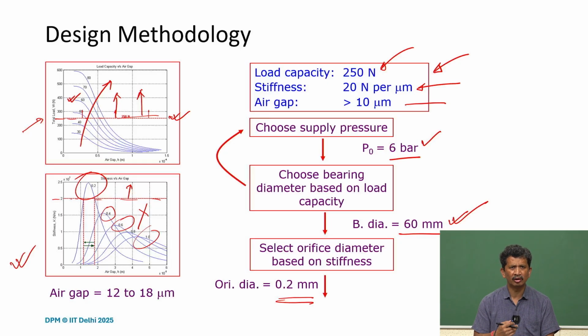One should always remind oneself what number one should always find. So with orifice diameter 0.2, we realize that the air gap is 12 to 18 micron. Of course, we mentioned that the air gap should be more than 10 micron, and here we are comfortably getting between 12 to 18 micron, which is good.